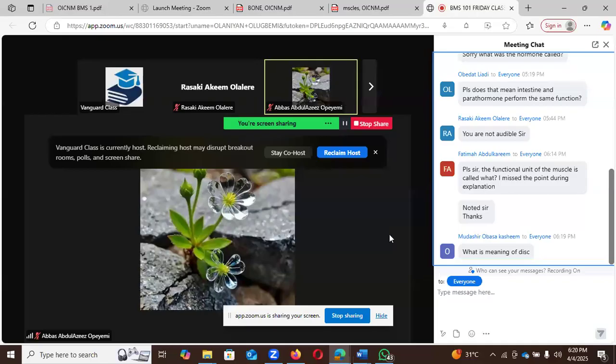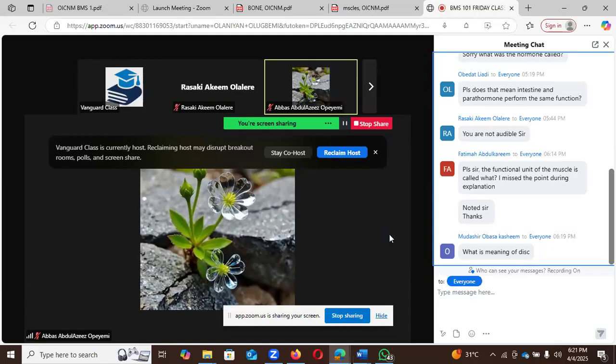It is a type of junction in cardiac muscle, and what it does is that it facilitates increased electrical transmission and nutrients within cardiac muscle. Cardiac muscle doesn't get tired, and it works continuously.